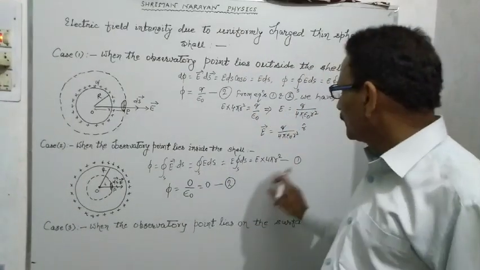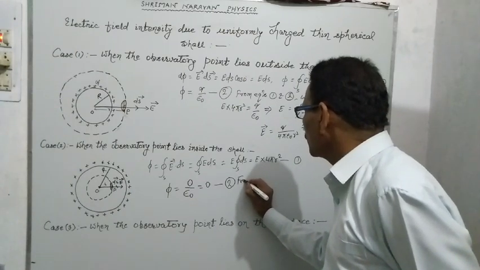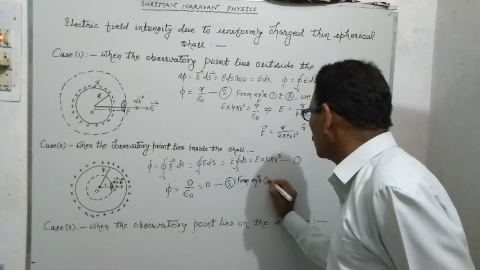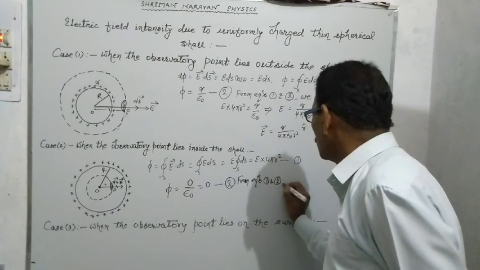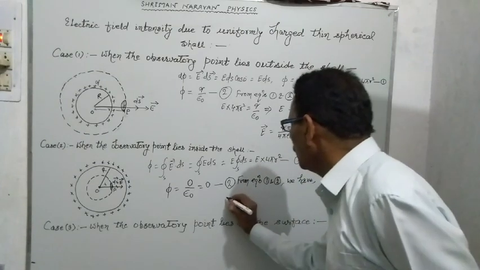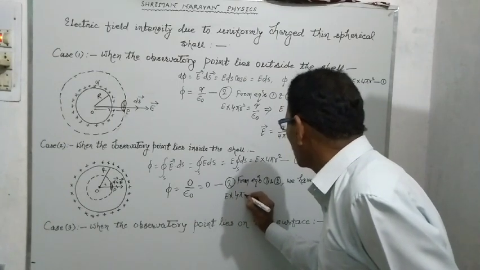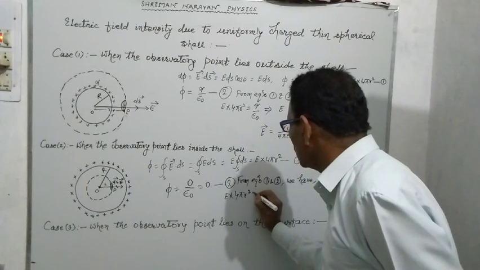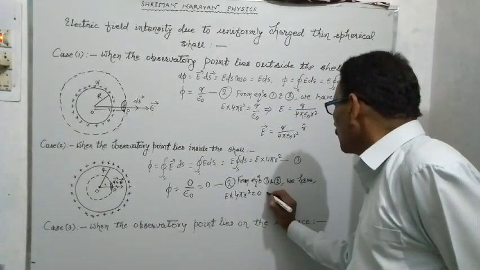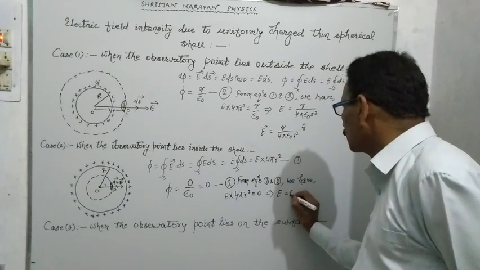So from equations 1 and 2, we have E into 4 pi r square equal to 0. What does it mean? It means that the electric field intensity is equal to 0.